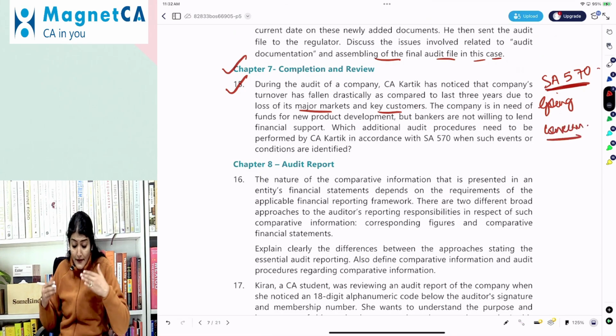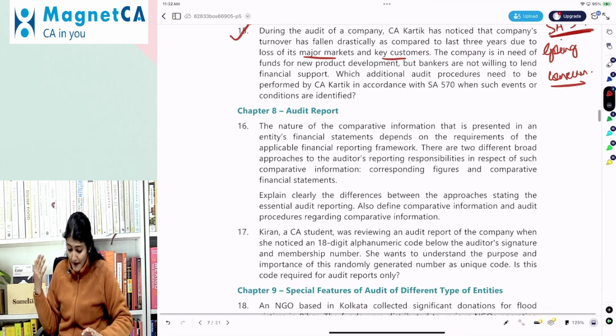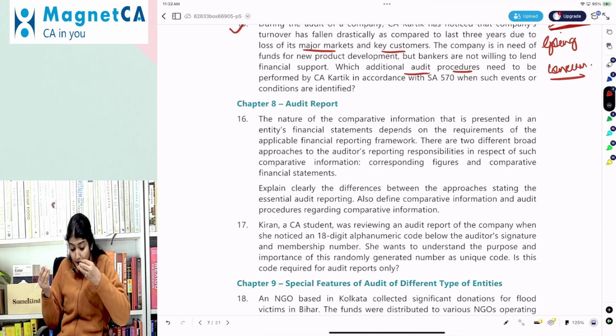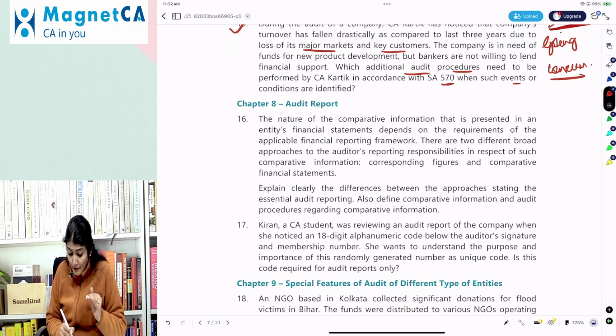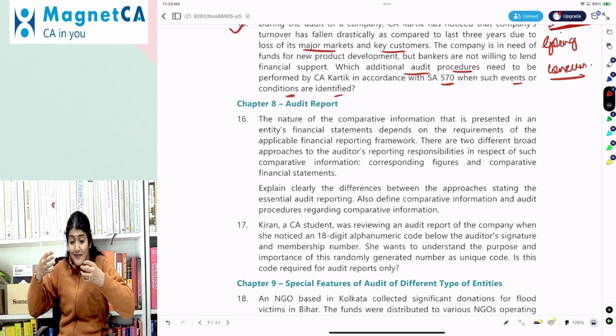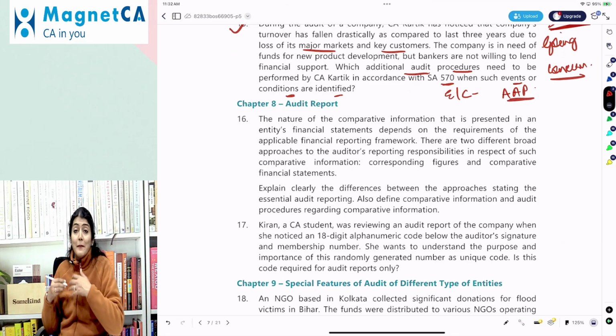The company is in need of funds for new product development, but bankers are not willing to lend financial support. Which additional audit procedures need to be performed by CA Karthik in accordance with SA 570 when events or conditions are identified? So already there is an event or condition identified. Now, what are the additional audit procedures to be performed by the CA?